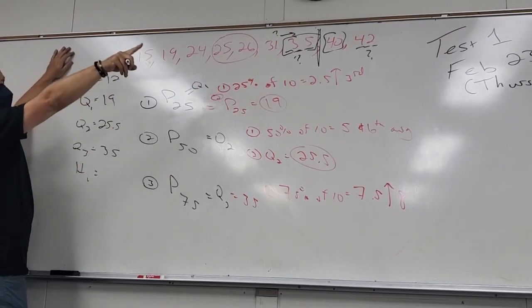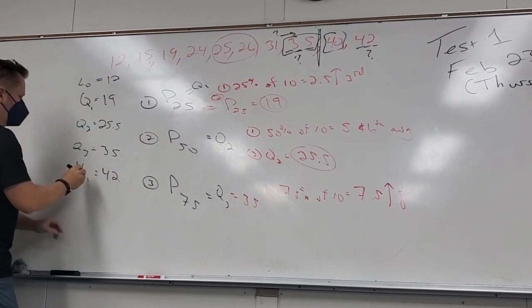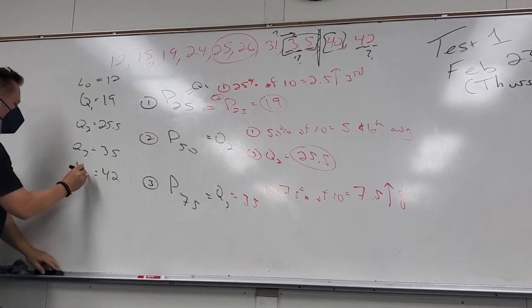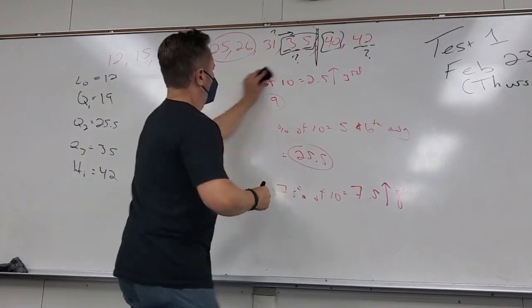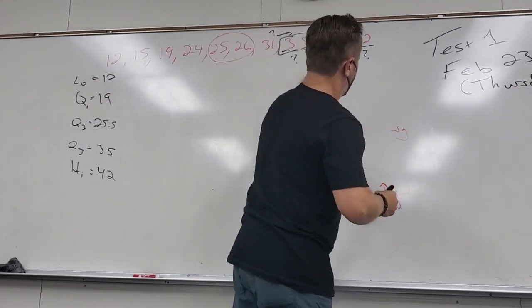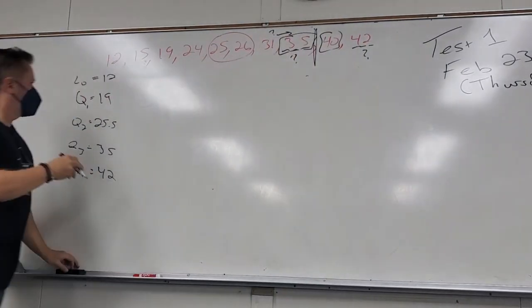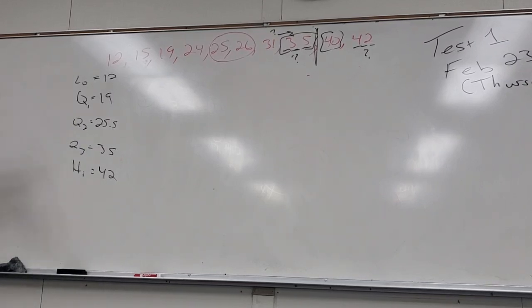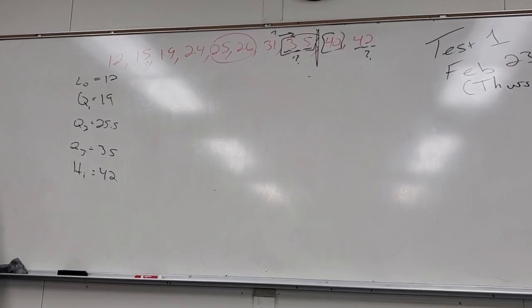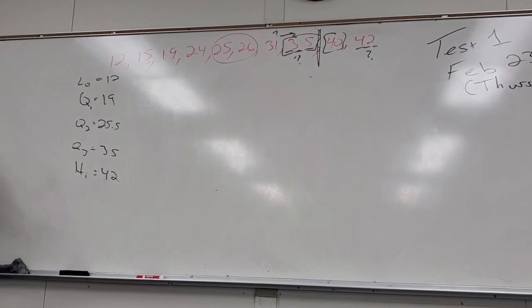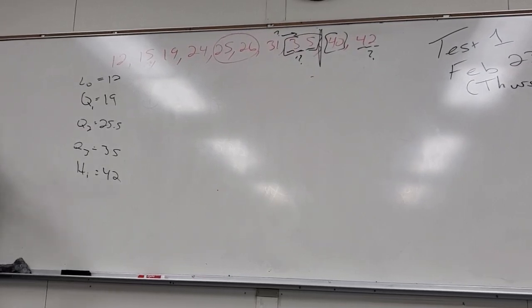And the highest one was 42, which is the answer to life, the universe, and everything. It's kind of funny, but this is called the 5-number summary. So if I ask you to calculate the 5-number summary, that means this: the start of the game, first quarter, second quarter, third quarter, end of the game, right?